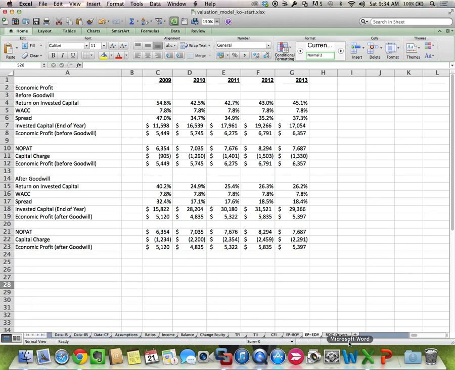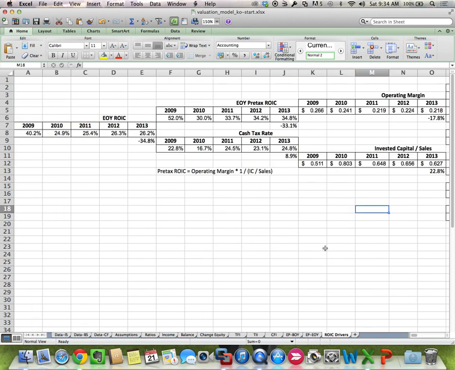Right? And then I also added what we're going to call the ROIC tree. Right? And basically, this is the other part of the historical analysis that we're going to do in addition to the CFI. So I'll just quickly talk to you about the ROIC tree since we're here before we move on.